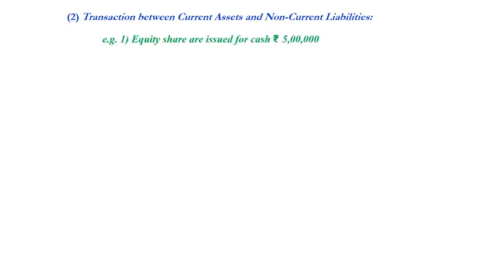Let us take an example: equity shares, a non-current liability, are issued for cash, a current asset, rupees 5 lakhs. Hope you are observing. Equity share is a non-current liability. Cash is a current asset.